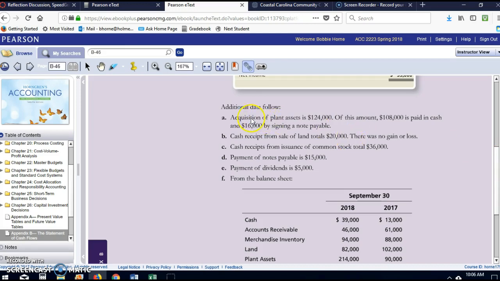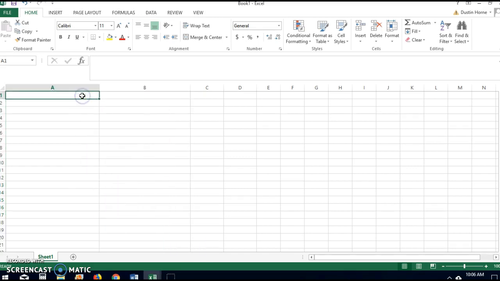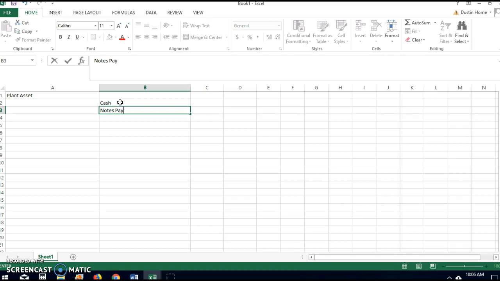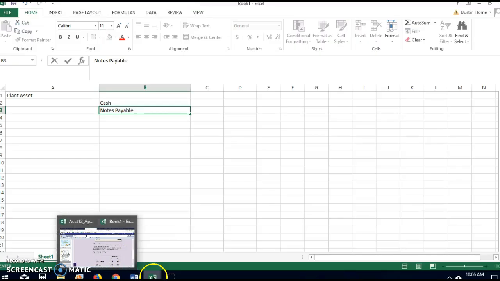The entry for A would look something like this. We would debit plant asset, we'll just call it a plant asset, and we will credit cash and notes payable. And if we go back, we paid $108,000 in cash and $16,000 in notes payable.